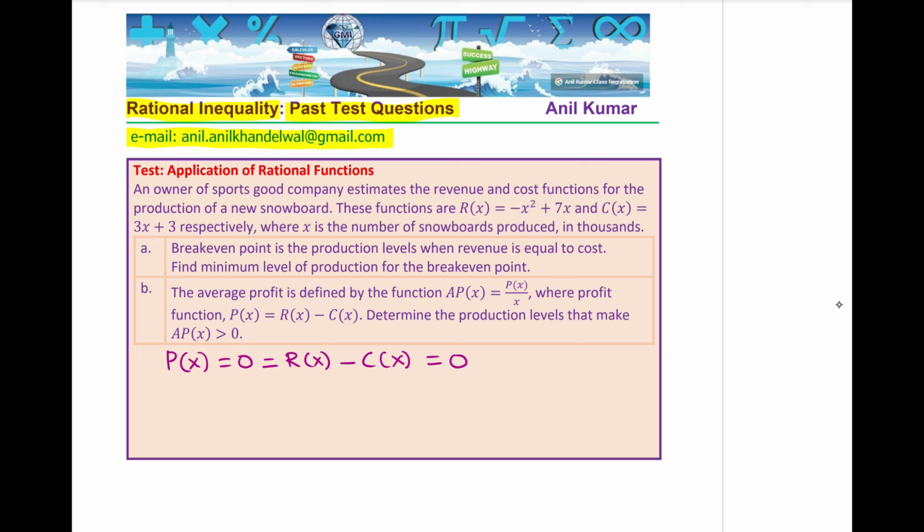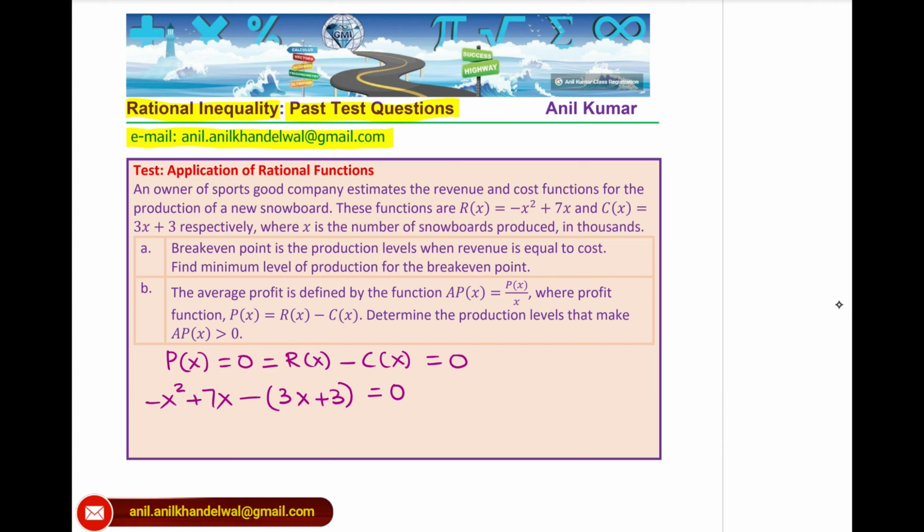We are given both these functions, revenue being minus x square plus 7x and the cost function 3x plus 3, so we'll take away 3x plus 3, and that should be equal to 0 for the break-even point, correct?